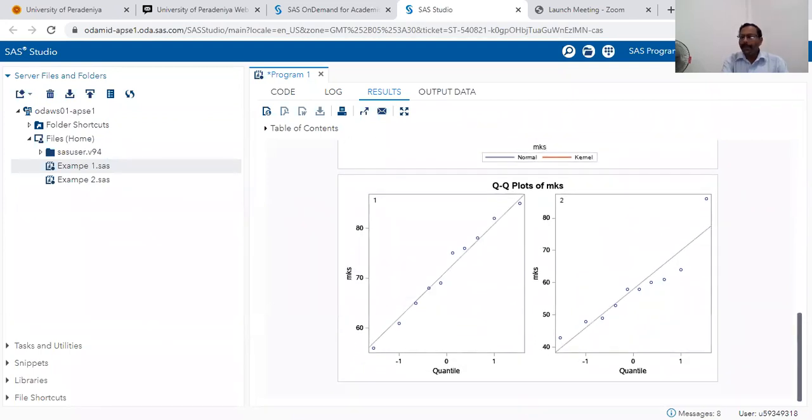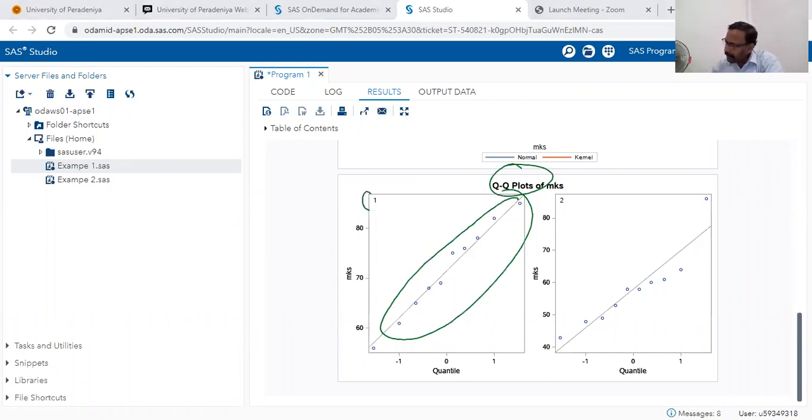This is called a QQ plot. Sometimes people who are very poor in statistics always use this QQ plot and say normally QQ plot. This is for the first subject, right? Let's look at only the first subject. You can interpret the second subject also.